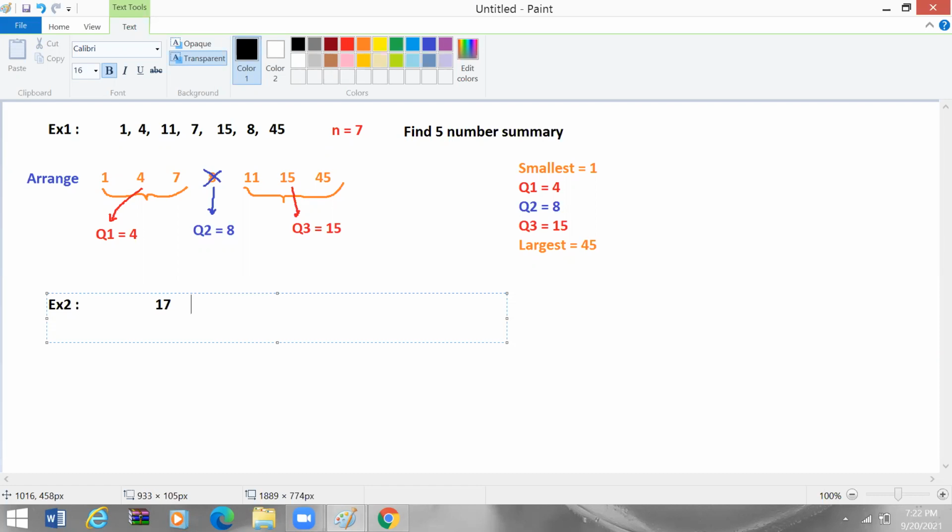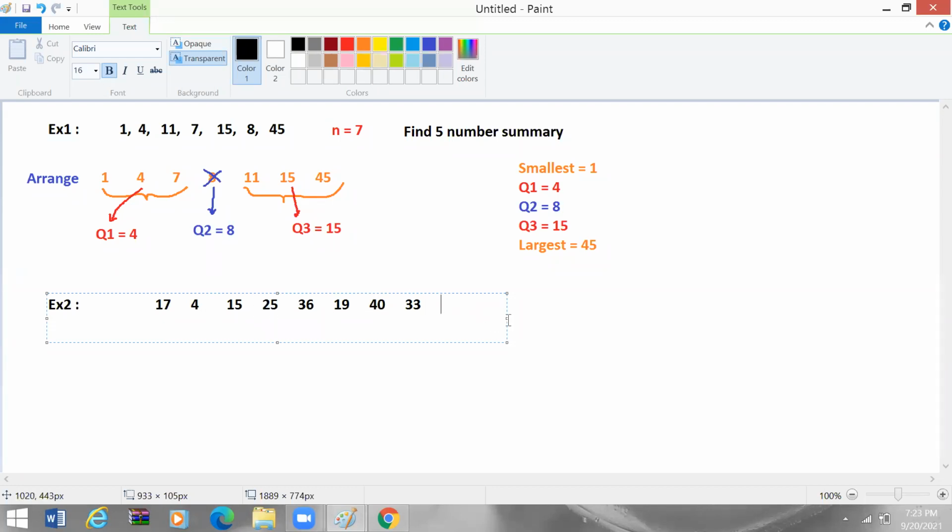17, 4, and then 15, and then 25, and then 36, and then 19, and then 40, and then 33.